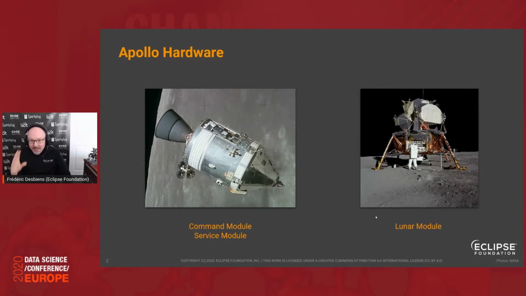If you have a telescope today and you look at specific places on the moon, if your telescope is powerful enough, you can make out the remains of the lunar modules left over by the various Apollo missions, from Apollo 11 to Apollo 17, with the exception, obviously, of Apollo 13. Anyway, throughout this presentation, I will refer to the command module and the lunar module. So this is what I'm talking about.